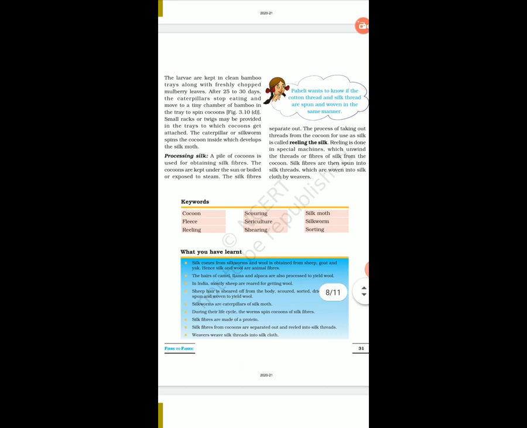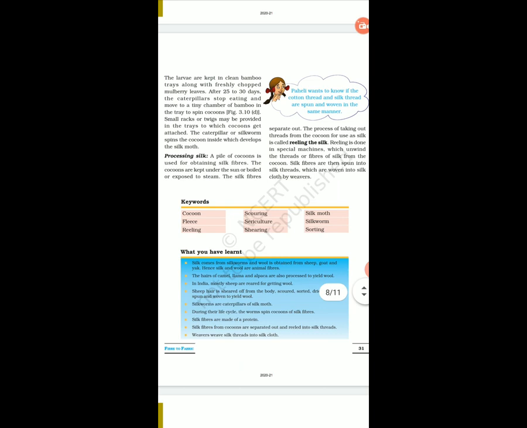The process of taking out threads from the cocoon for use as silk is called reeling the silk. What is it called? This process is called reeling the silk. Reeling is done in special machines which unwind the threads or fibers of silk from the cocoons. Silk fibers are then spun into silk threads which are woven into silk cloth by weavers.